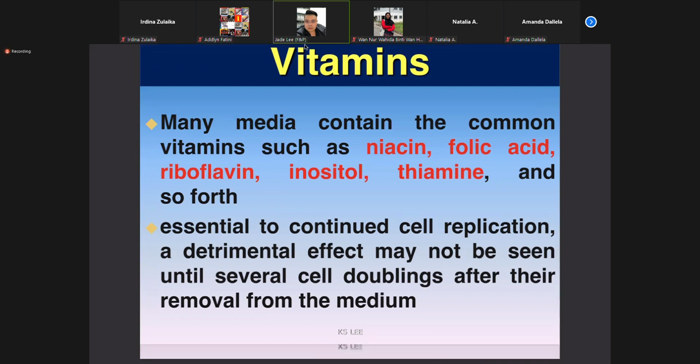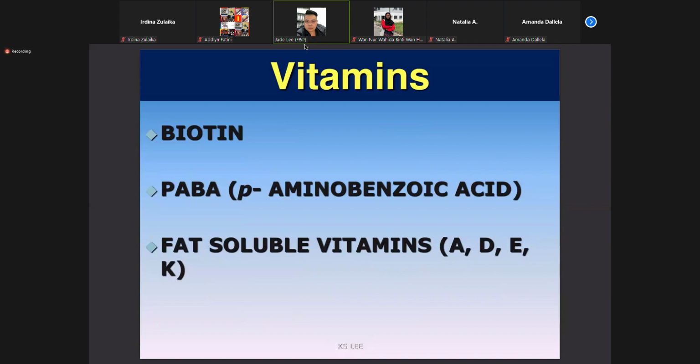Okay, and apart from that, you also have biotin, PABA, which is the p-aminobenzoic acid, or fat soluble vitamins such as ADEK. Okay, so that's why you need fatty acid in your media. Because some of the vitamins, for example ADEK, are fat soluble. They only can be absorbed by the cell when they are carried by the fat. Remember that?